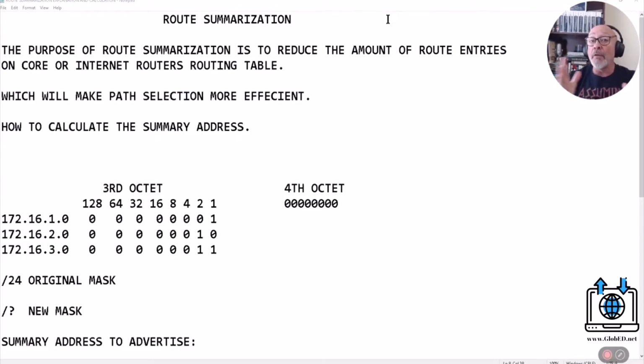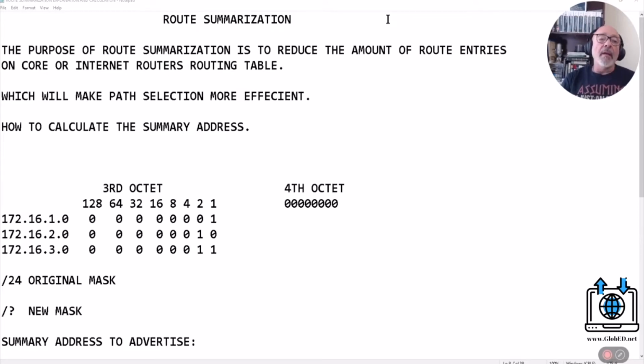The smaller the prefix length of a network address, the more IP addresses you'll have in that one network address. That's just basic IPv4, since apparently this is the main issue, IPv4 addressing.